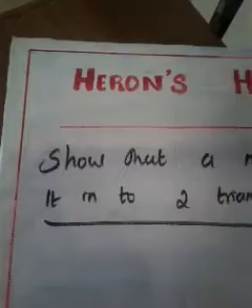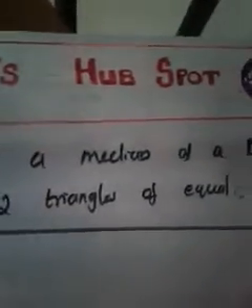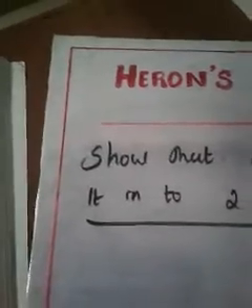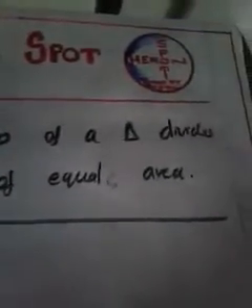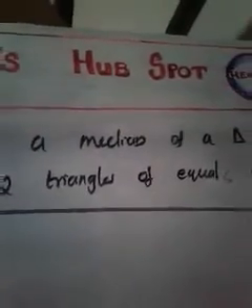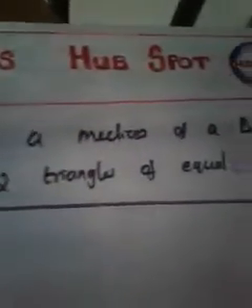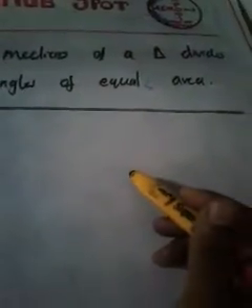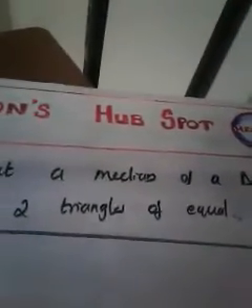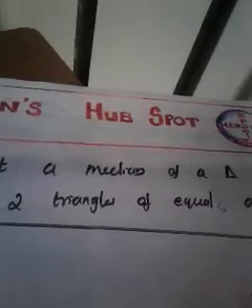Okay, what this theorem says: show that a median, this is theorem 9.3, page number 161. Show that a median of a triangle divides it into two triangles of equal area. You have understood median now, so no problem in that. That means this theorem says that, this is not your theorem 9.3, this is your example 3 on page number 161.